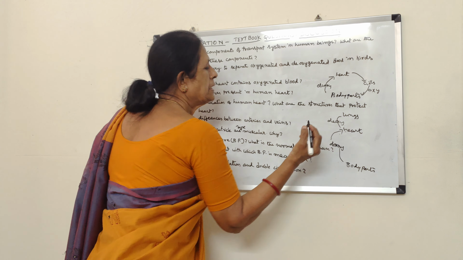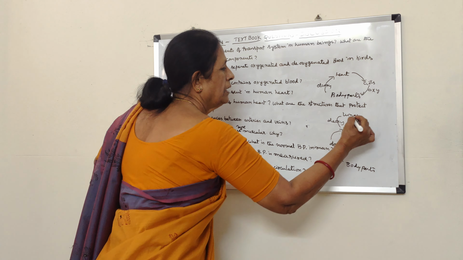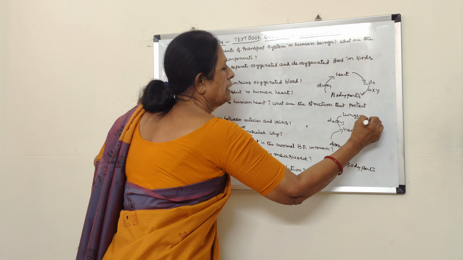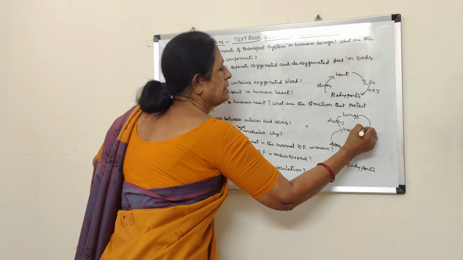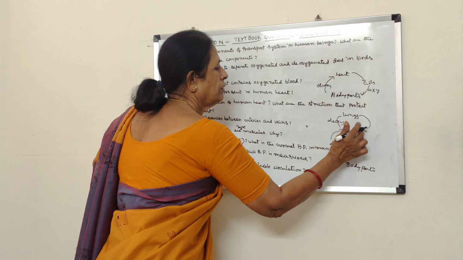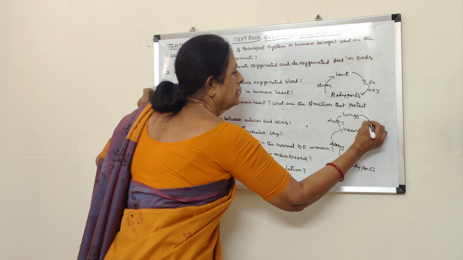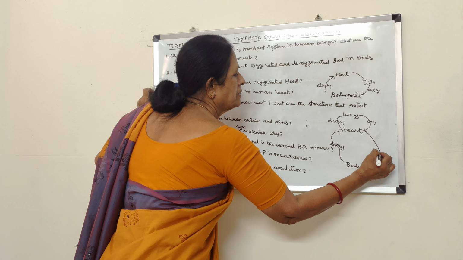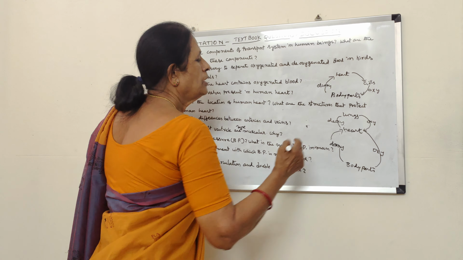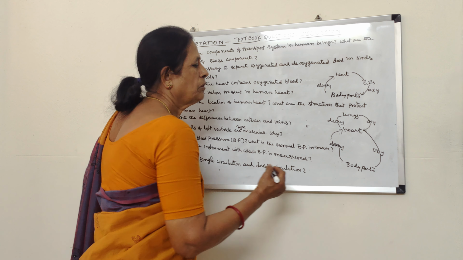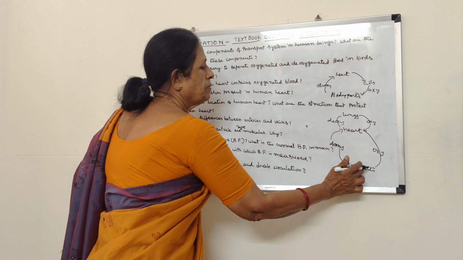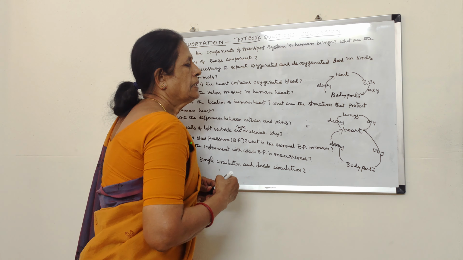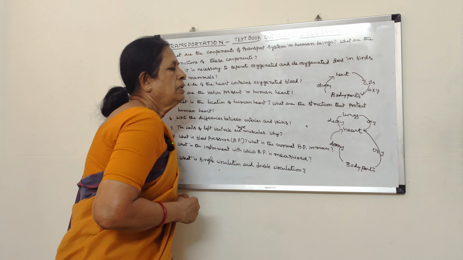In the lungs, the blood gets oxygenated in the alveoli. From the lungs, the pulmonary vein collects the blood and brings it back to the heart. From the heart, the oxygenated blood is supplied to body parts. So here you can see two circuits. One circuit is between body parts and heart, and another circuit is between heart and lungs.